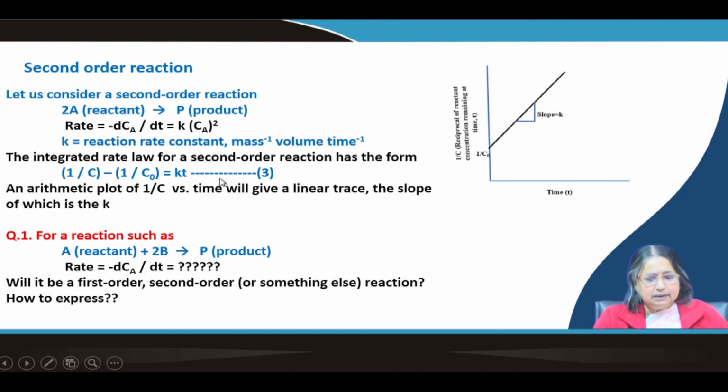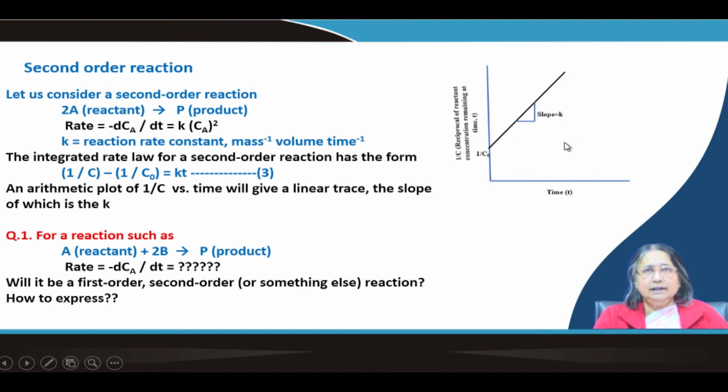Now, for the second order reaction, this is the integrated rate law. If you plot 1 by C on the y axis and time on the x axis, then you will get a straight line with positive slope. The intercept is 1 by C0.